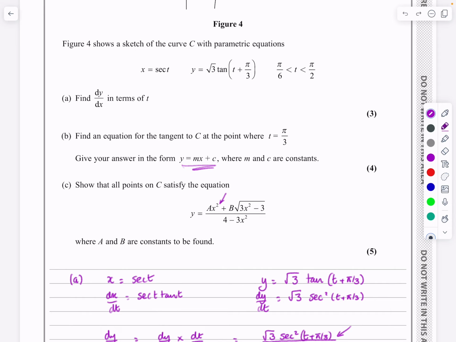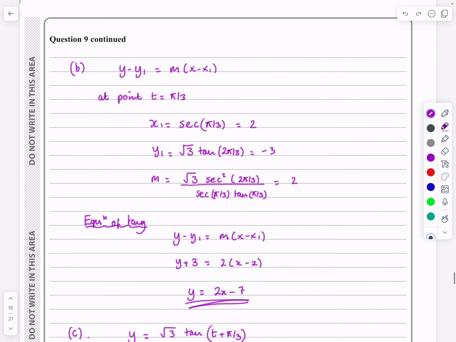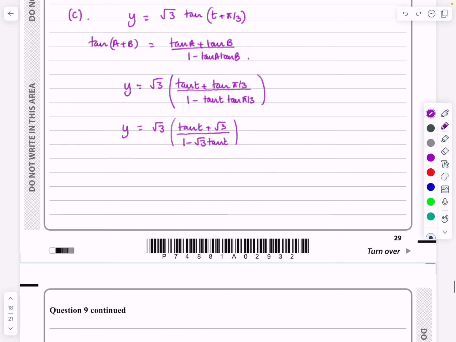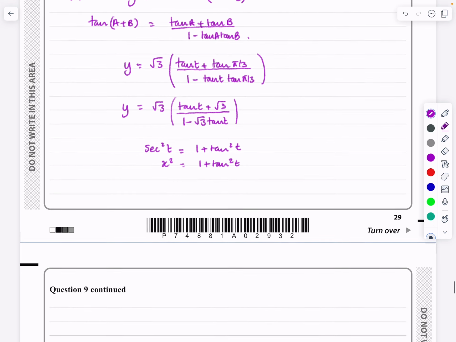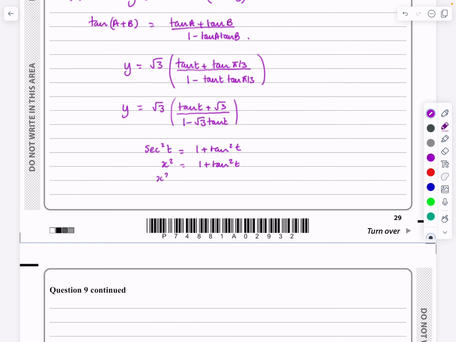So at some stage, and this is where I decided to do it, you've got to think about getting that sec t in, and sec t in terms of tan, hopefully your trig identities are still strong enough that you know that, and so you think, all right, well, okay, x squared then is 1 plus tan squared t, so x squared minus 1 will be equal to tan squared t.